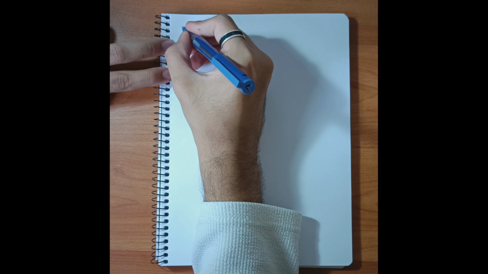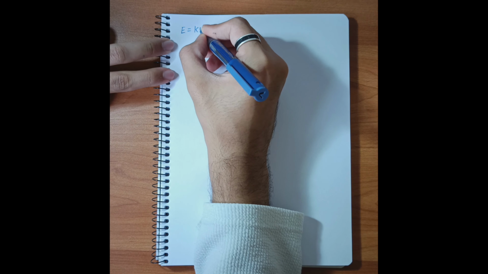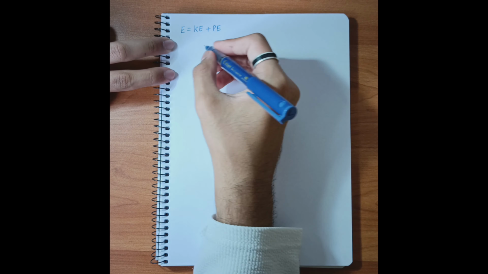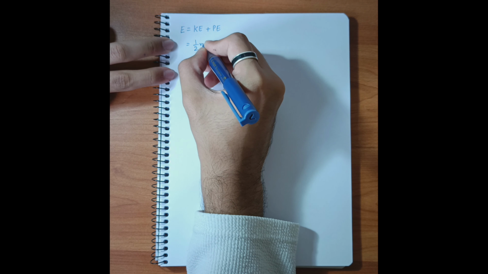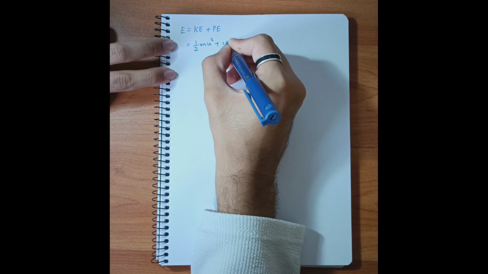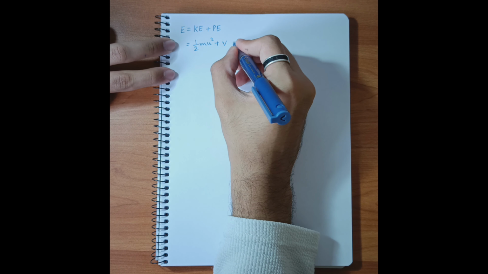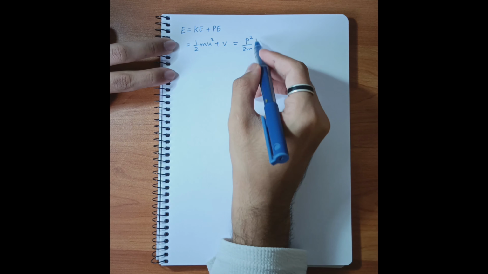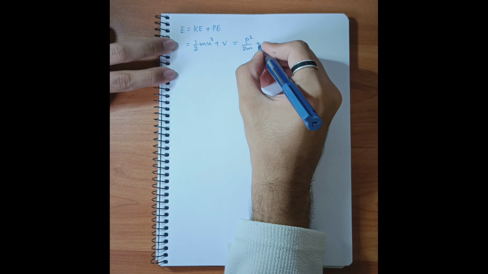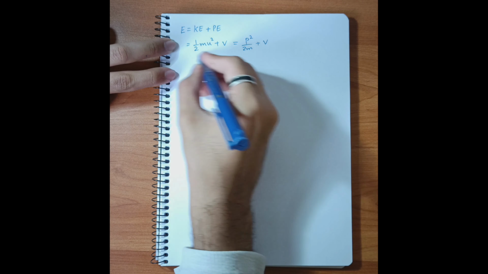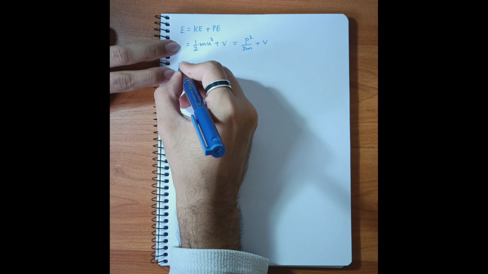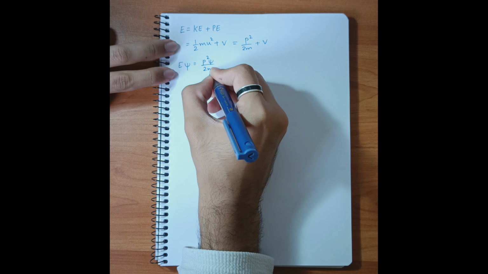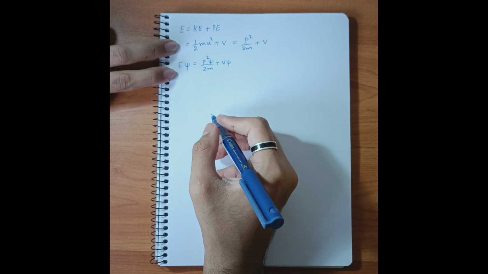Now we know the total energy of a particle is equal to the sum of its kinetic energy plus potential energy. Now kinetic energy can be written as half m v squared, plus potential energy can be taken as V. This equals p squared over 2m, because kinetic energy can also be written as p squared over 2m, plus potential energy. Now let us multiply the equation with the wave function. So this gives E psi equals p squared psi over 2m plus V psi.